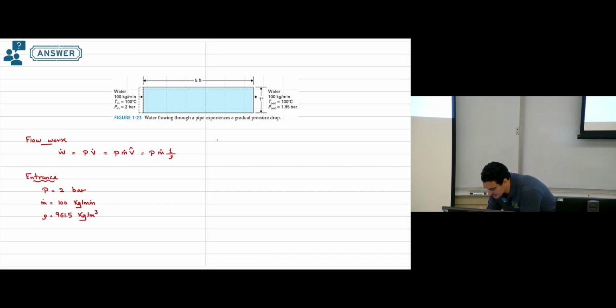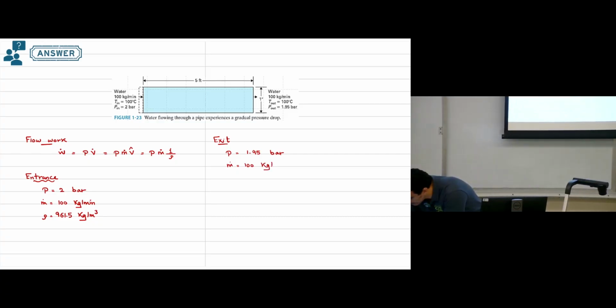And again, let's say at the exit, also we have pressure is 1.95 bar. Mass flow rate will be the same, 100 kilogram per minute. Density does not change, 961.5 kilogram per meter cube.